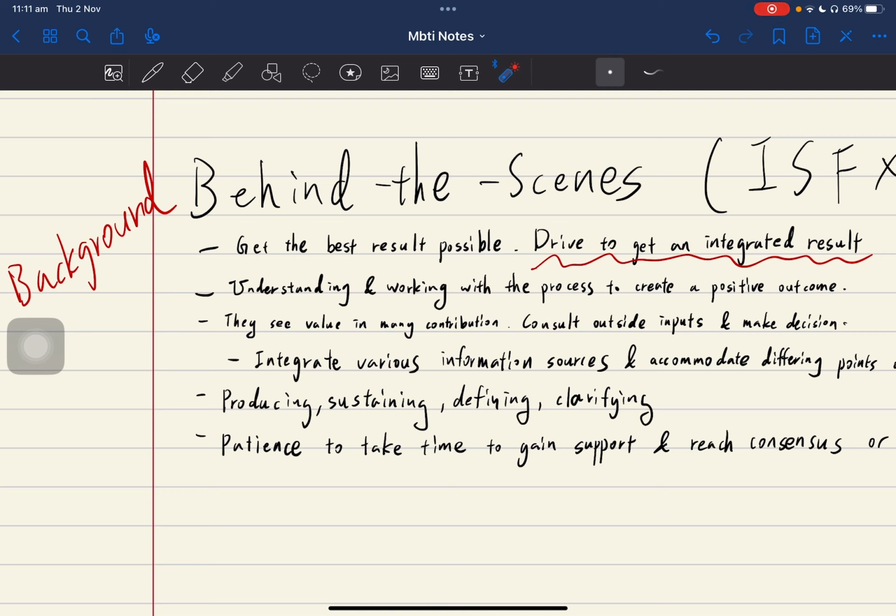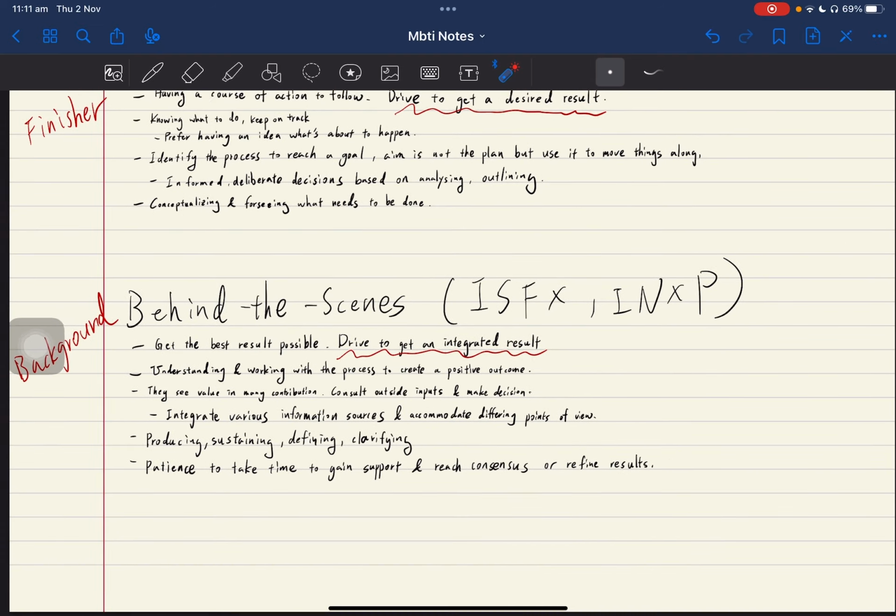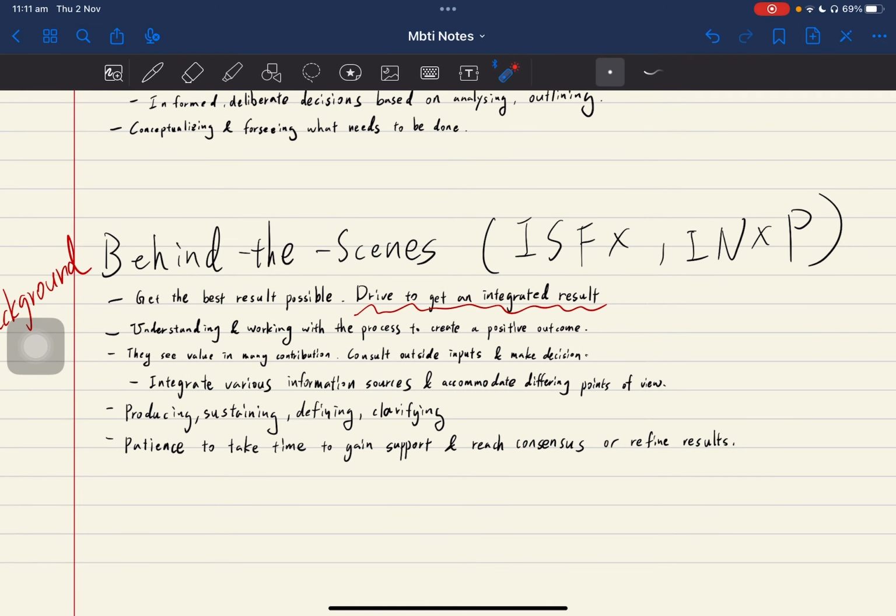And here's behind the scenes, the background type, and they are kind of like a keeper of their own area in a way, because they want to get the best result possible and try to get an integrated result. Understanding and working with the process to create a positive outcome.